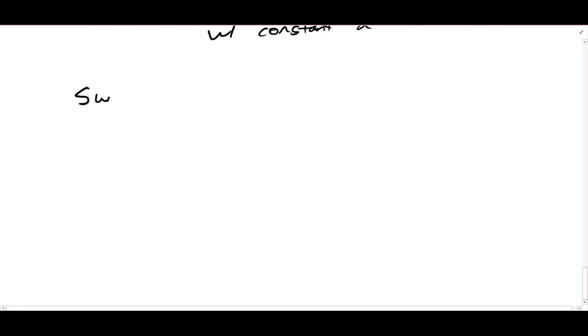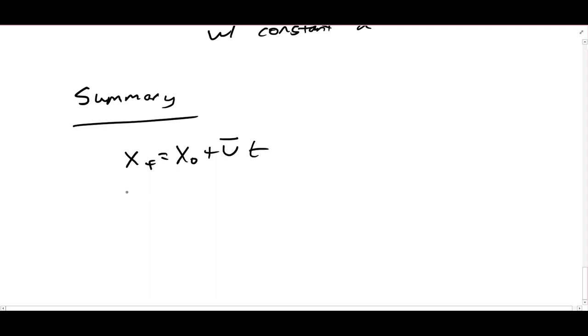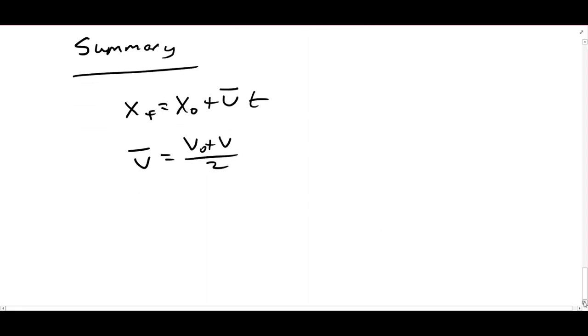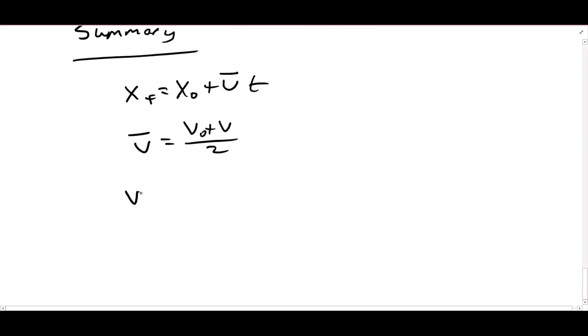So we have a summary here of our 5 equations. So we have x final equals x initial plus v bar t. We have v bar equals (v initial plus v) over 2. That one's the least useful. We have v final equals v initial plus at.